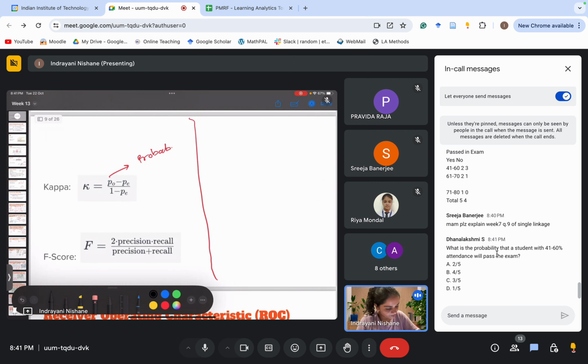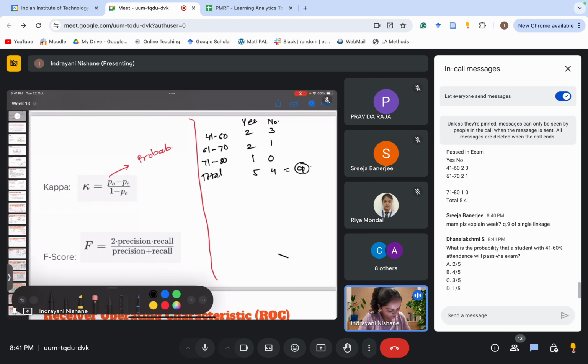So this is, very simply put: 41 to 60, 61 to 70, 2 3 2 1. This is yes, this is no. And 71 to 81, 0, and this is the total. This total is 5, this total is 1, total is 9.